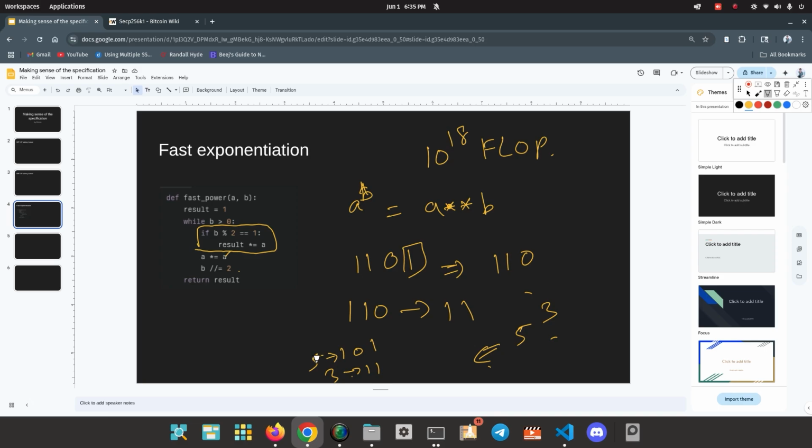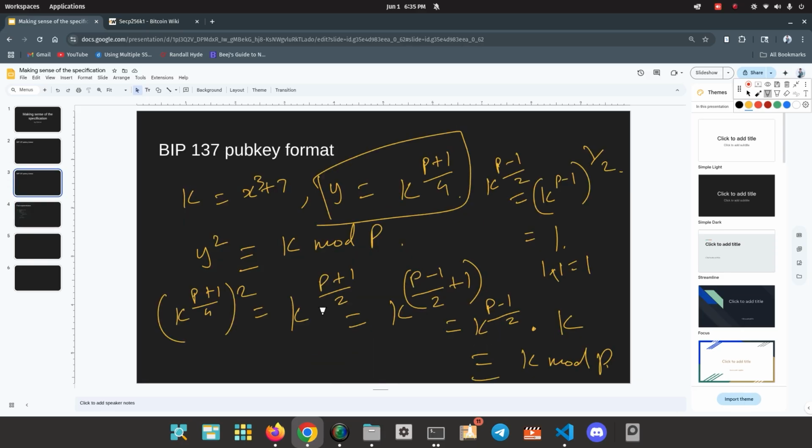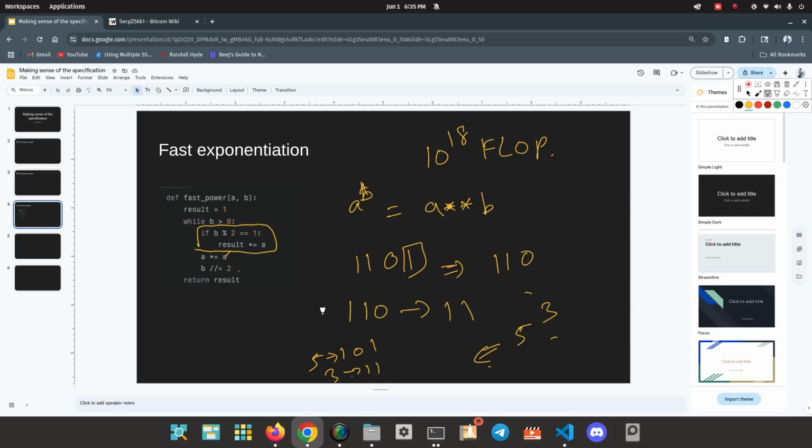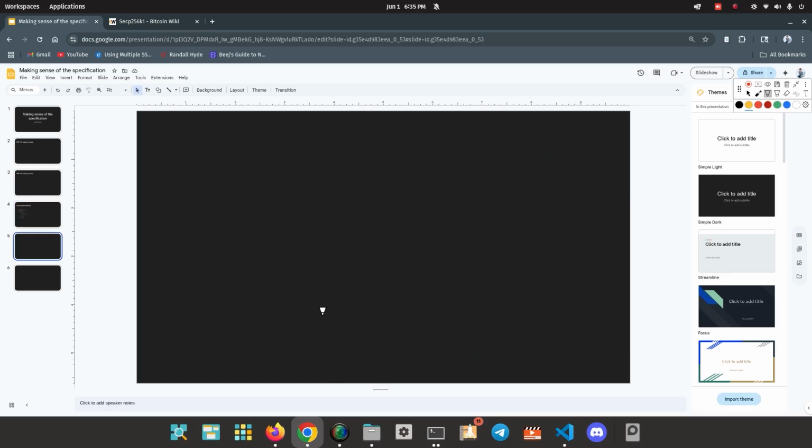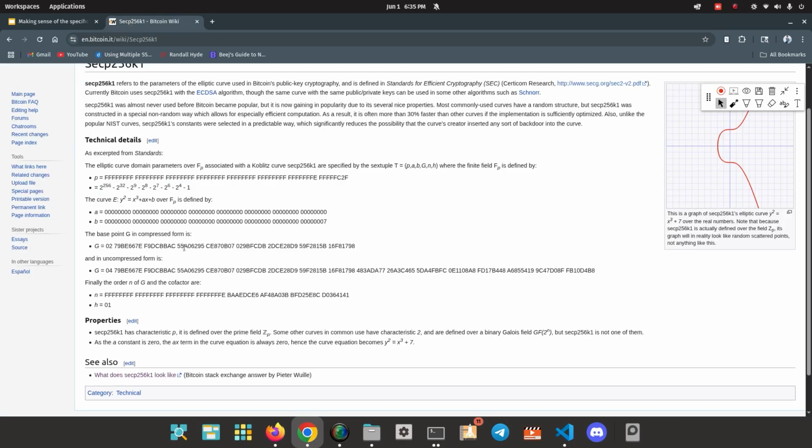Now this fast exponentiation is not only used to compute the y value of the public key, it is also used to compute the public key in the first place. The idea is that in this secp256k1 specification, we have this generator point G, which they claim is randomly generated.